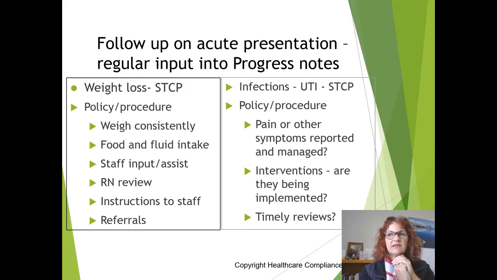If I say in the care plan that there is a monthly weigh and there is a weight on the 26th of February and the next weight is the 3rd of March, then there's not a month between those two dates. Make sure you're not just putting February and March. Please put the full date. And if you're writing the year, you should be putting 2020 as well as a full date.